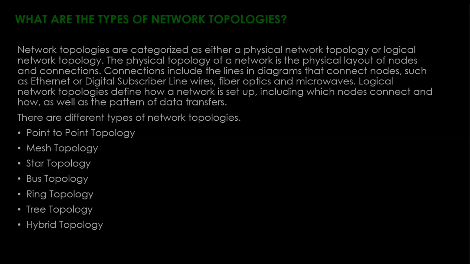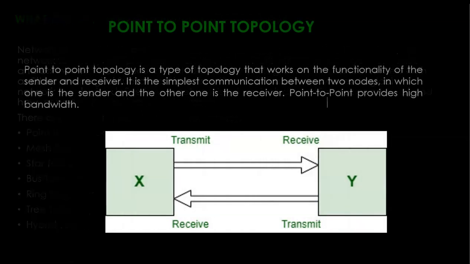There are different types of network topologies: point-to-point topology, mesh topology, star topology, bus topology, ring topology, tree topology, and hybrid topology. So let's talk about each of these topologies.